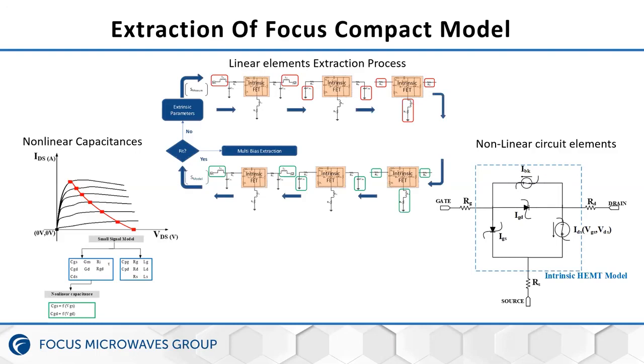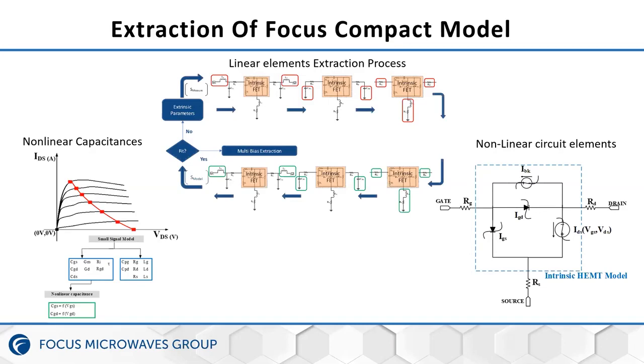For compact modeling, both pulsed IV measurements and pulsed S parameter measurements are required. The pulsed S parameter data that is measured models the linear response of all the intrinsic and extrinsic lumped element networks.